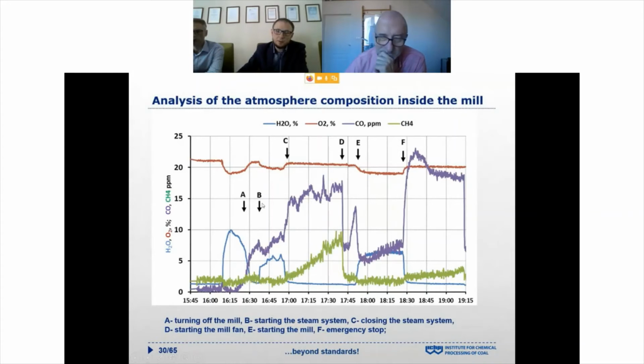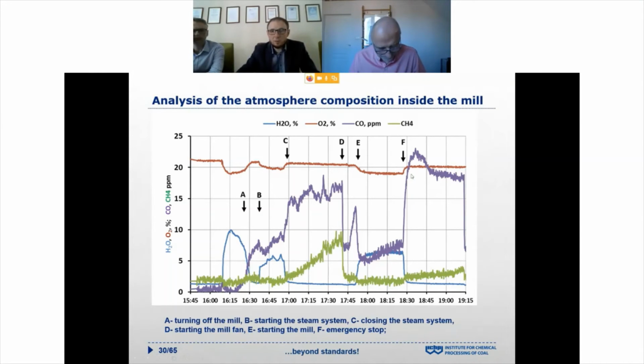This is the inerting, when we introduce the steam inside the mill. C is the closing of the steam system. D is the moment when we again start the mill fan, and after that we start the mill, and the balls are rotated inside the mill.